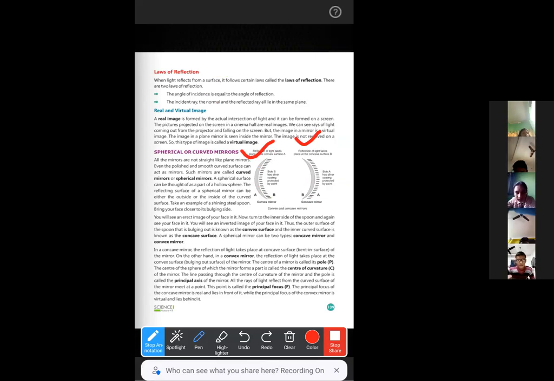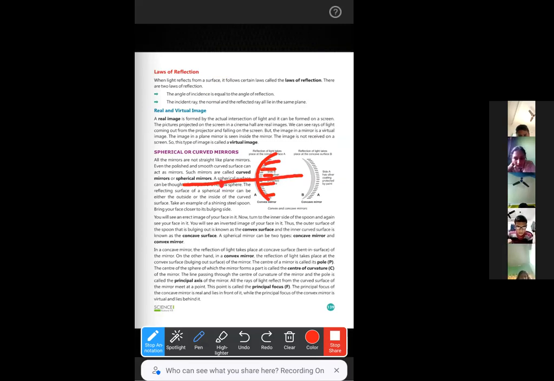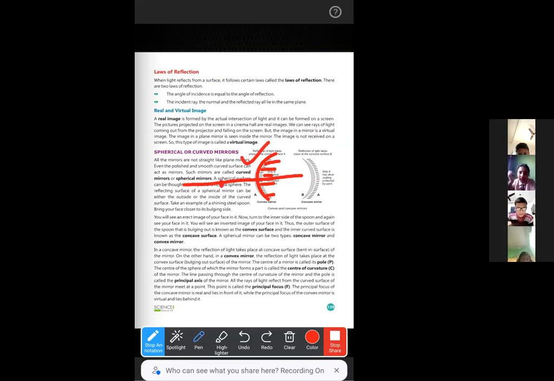If the mirror is curved to the outward direction, like this, you can see the protected silver coating is to the back side. That means the object will be placed at this place. Okay, so this is the front side. So if the mirror is curved to the outward direction, then that will be called a convex mirror.